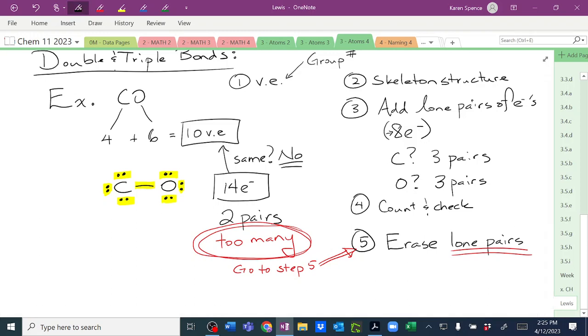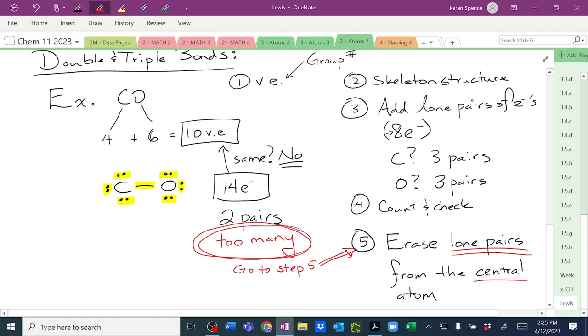And specifically, we erase lone pairs from the central atom. Now you might say, Ms. Spence, there is no central atom. There's nobody in the middle, there's just one end and the other end.